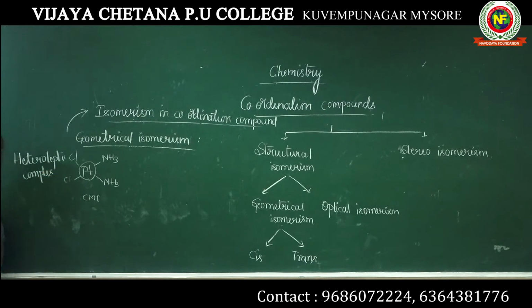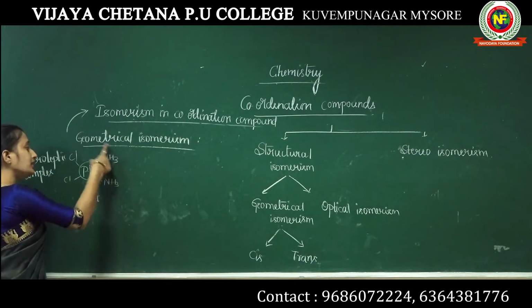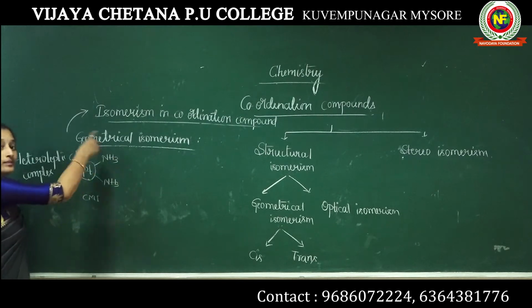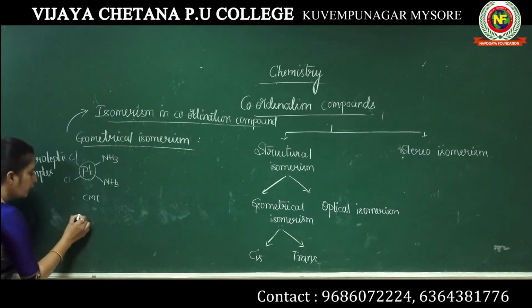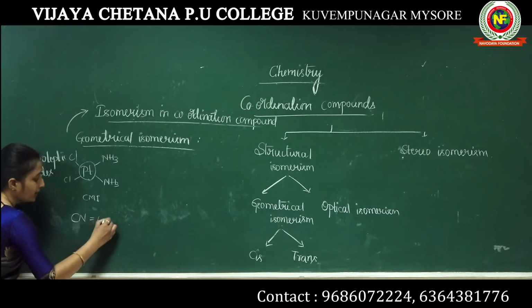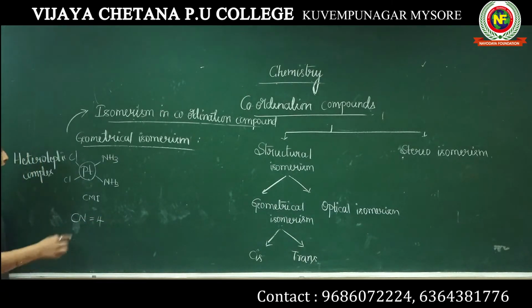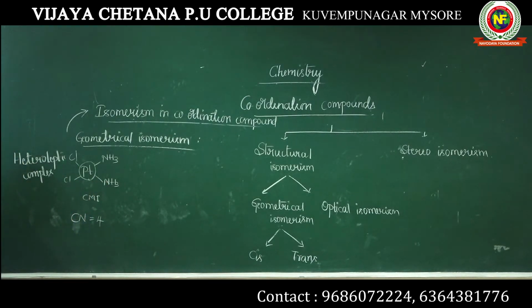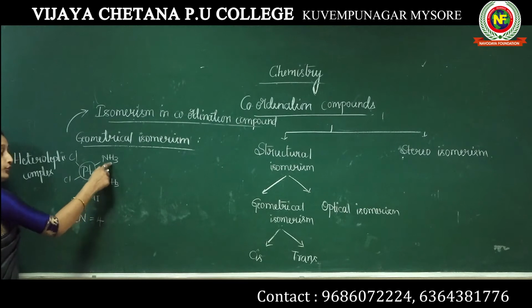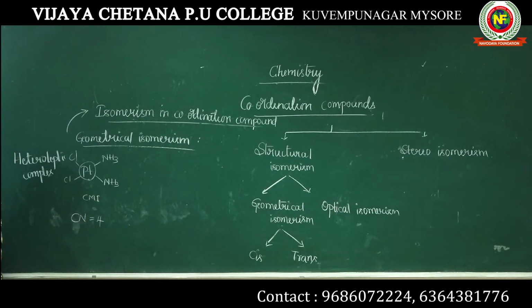One thing you just observe: here two types of ligands are there. What is the coordination number? Coordination number is 4. What do you mean by coordination number? Around platinum, how many ligands are there? 4. See, 1, 2, 3, 4. But are all the 4 ligands the same?